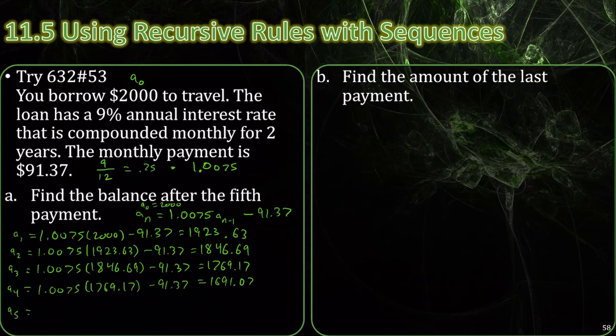The fifth month, they'll charge interest on your previous balance and subtract $91.37. And you'll end up with $1612.38. So, after the fifth month, you still owe $1,612.38.